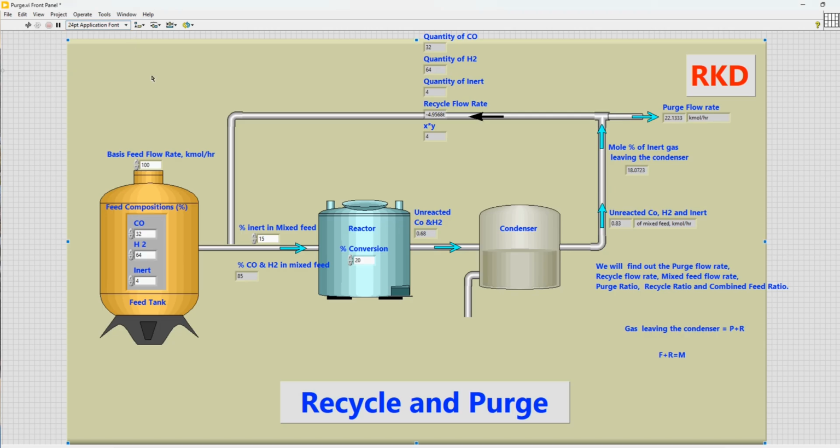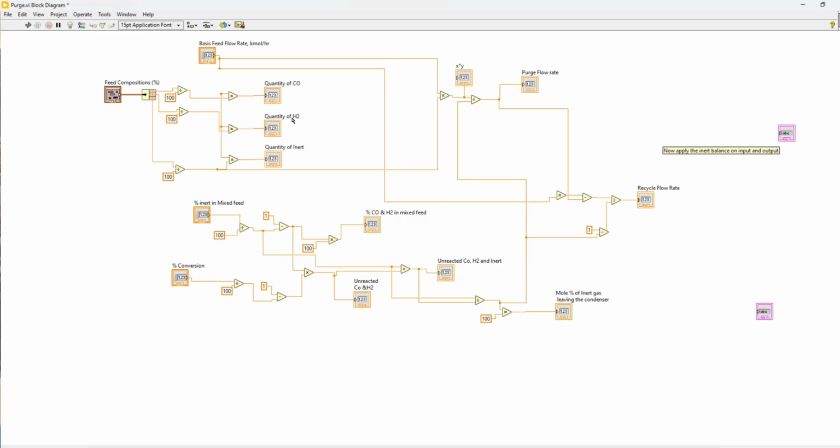Unreacted H2, CO2, how much unreacted H2, and then it's unreacted CO and H2, this one, and that value should be, okay, I'll multiply from here.